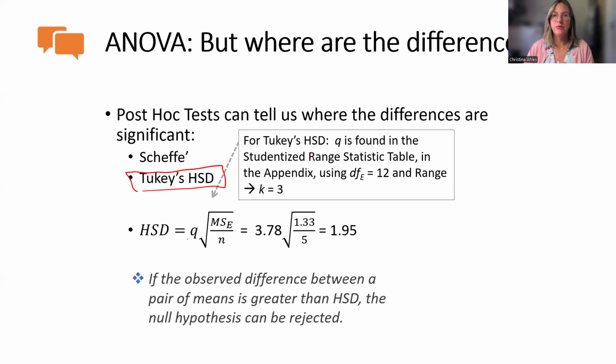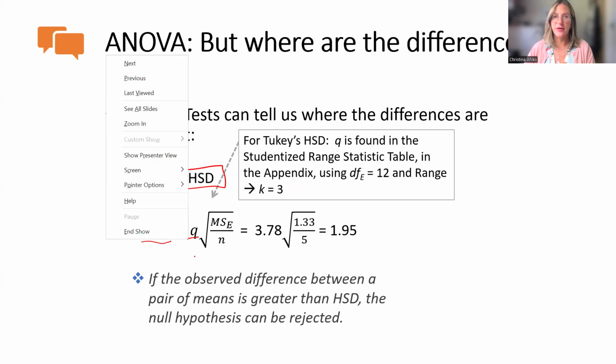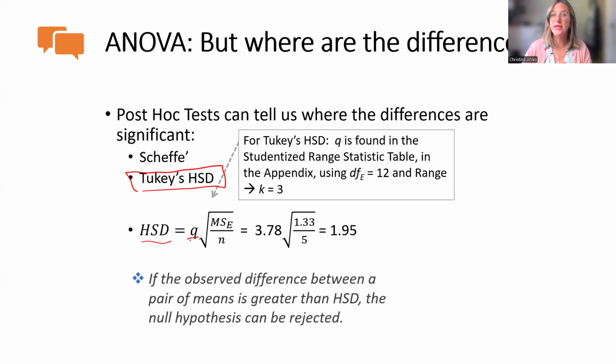And to be able to find, it's called the HSD. It's basically a critical value that you're going to compare things to. You're going to look at the Q, which is that critical value in the studentized range statistic table. So Q is using the degrees of freedom error and the range, not degrees of freedom, but the range.